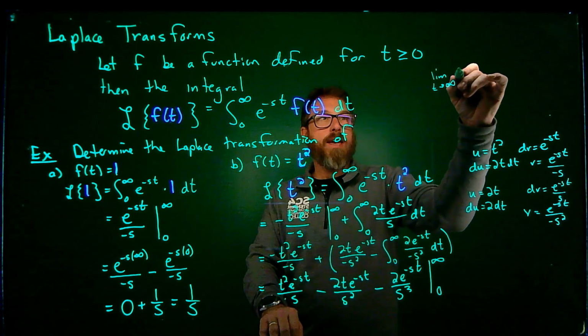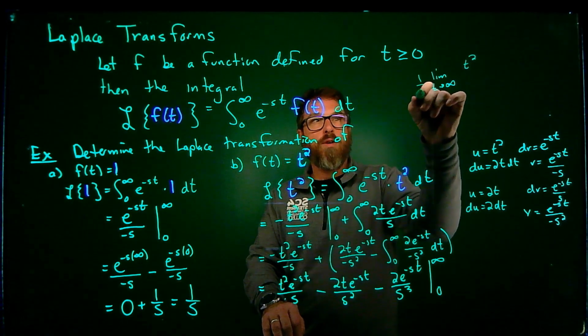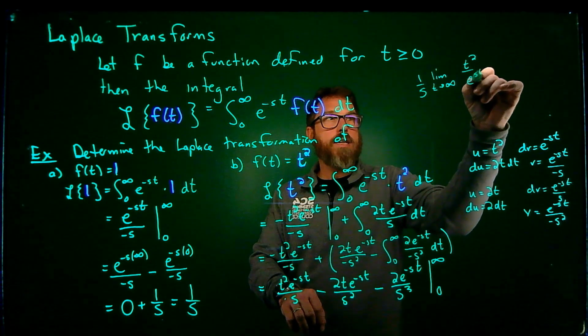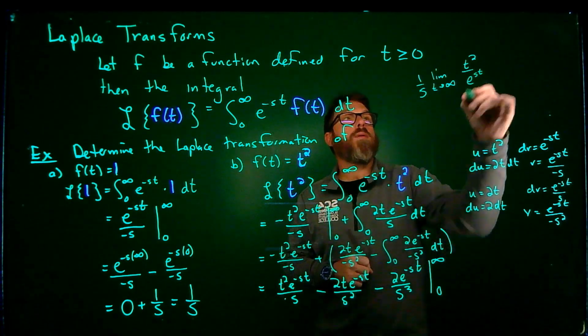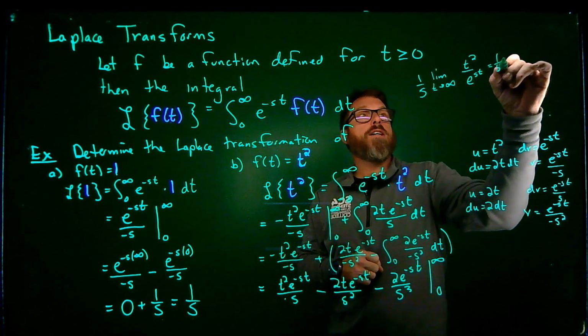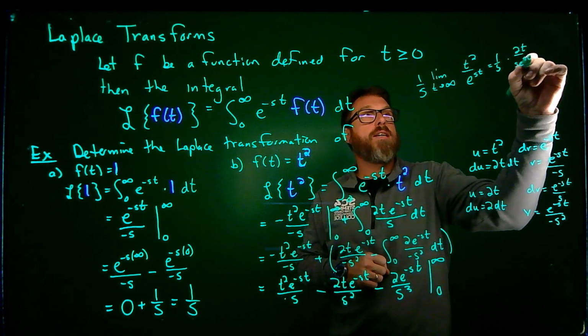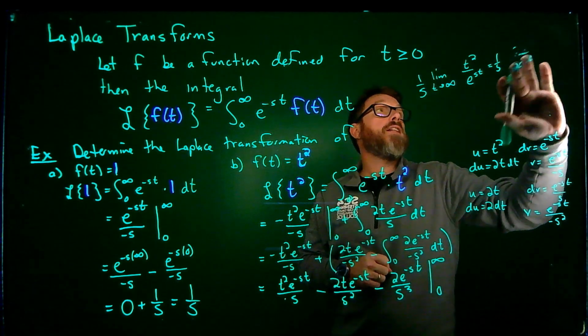I'm going to have a t squared, and 1 over s because it's a constant, and this is going to be all over e to the st. So doing L'Hopital's rule, this is going to be 1 over s, the derivative of the top is going to be 2t, the derivative of the bottom is going to be s e to the st. And then we're going to have to take the limit of that as well.